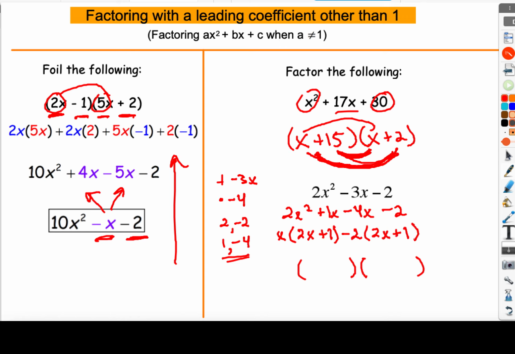Again, you can always redistribute if you're not sure where I got all that. Notice we got a 2x plus 1 in both parts. That's our common binomial. And the leftover stuff would be an x and a minus 2. And hey, look, I bet if you FOILed, we'd get right back to the original. Again, that's how to factor by grouping.